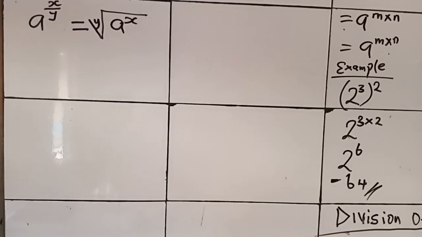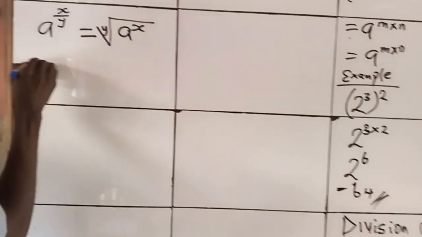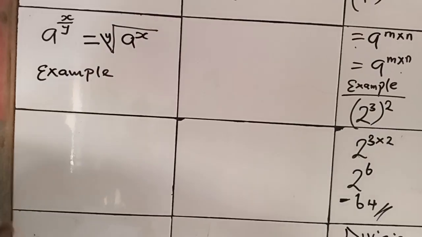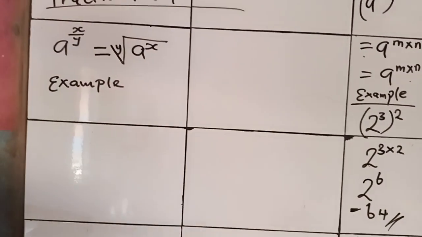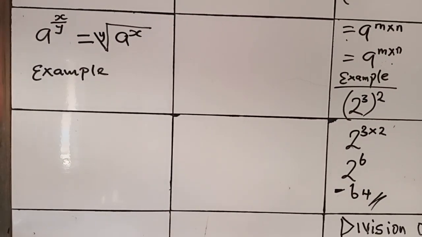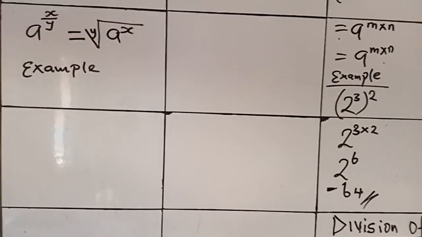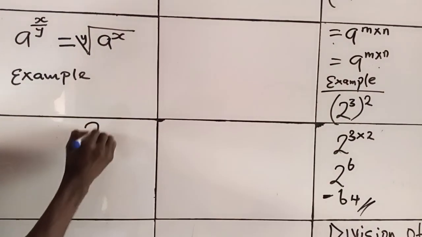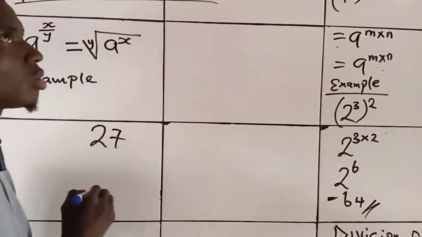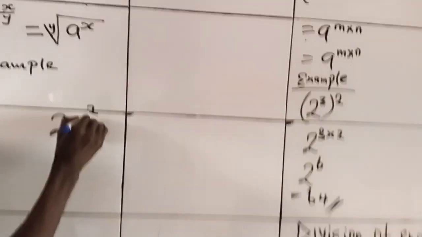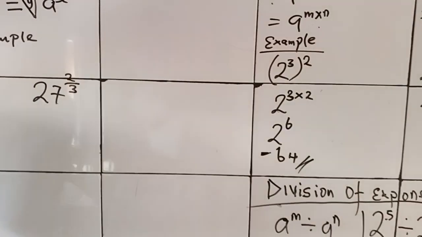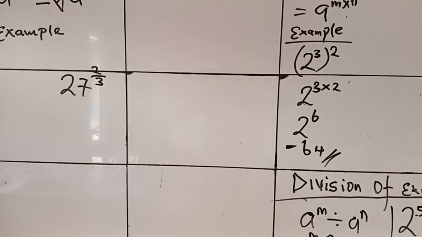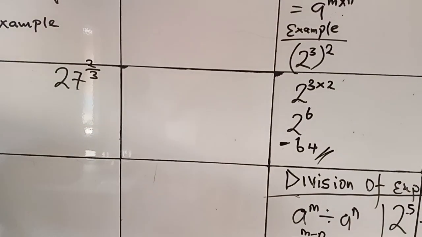Let's take, for instance, an example. We have 27 raised to the power of 2 all over 3. I think this example will go. Yes, this one will go.